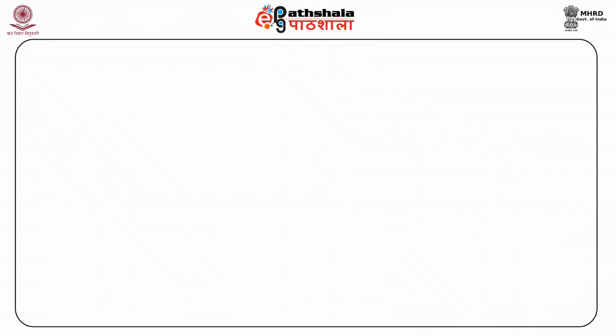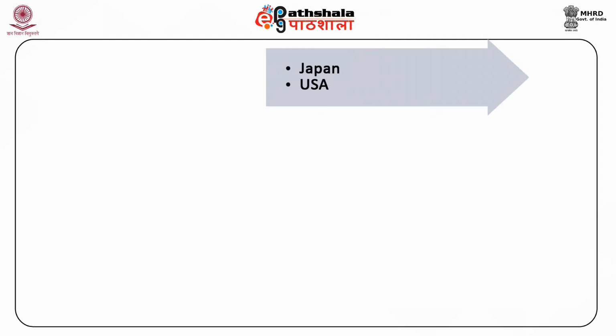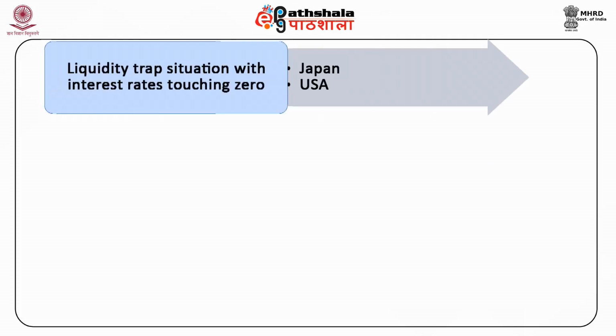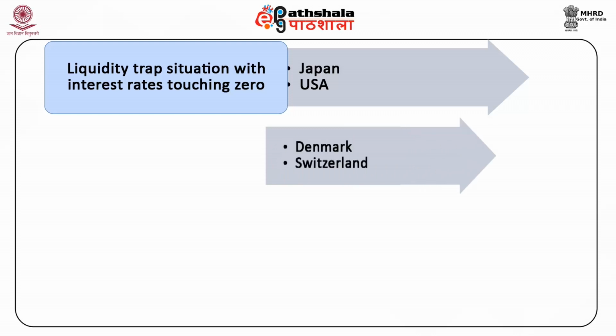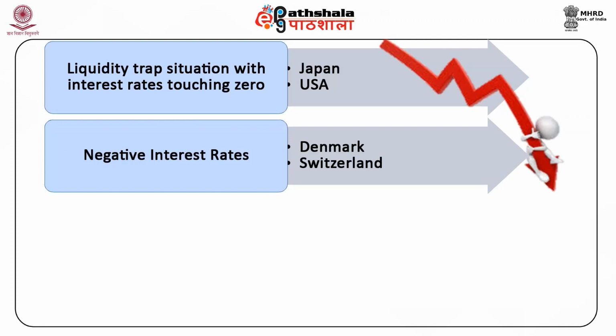Recently, advanced economies like Japan and USA have experienced a liquidity trap situation with interest rates touching zero. In fact, European economies like Denmark and Switzerland even had negative interest rates.